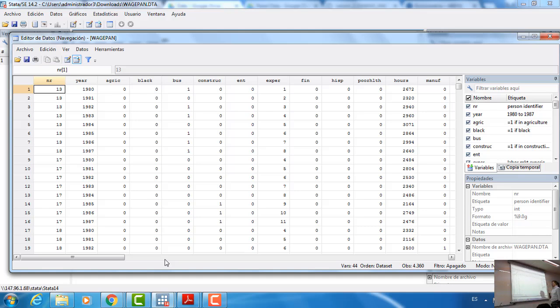So I would like you to see how the data look. It is very important to look at the numbers. It is not trivial. You cannot just not look at the numbers. You have to look at the numbers, see what they are, understand what they mean, and then you can do things with them. The numbers here start with nr. nr is number.